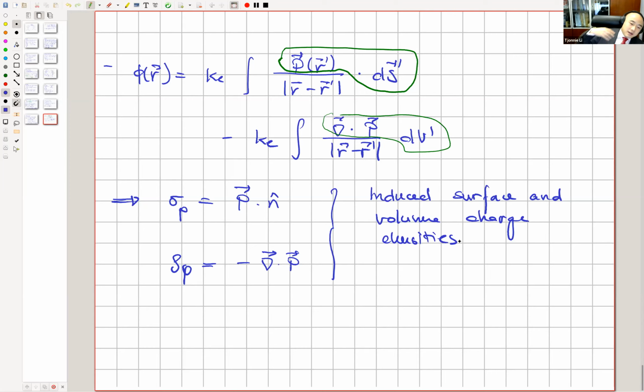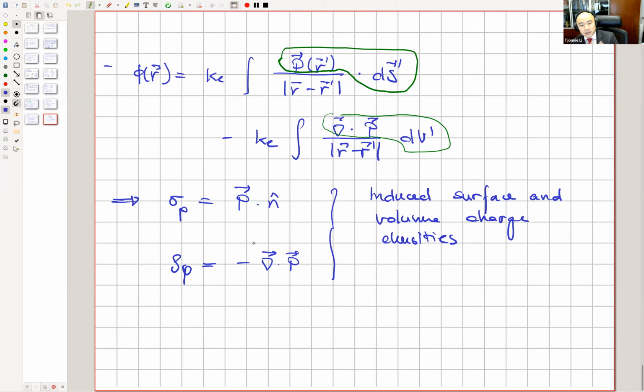Of course, if you've studied your vector calculus properly, you'll know that this term goes to zero if P is just a uniform vector field. But we'll talk a little bit about this in the next lecture. Okay.